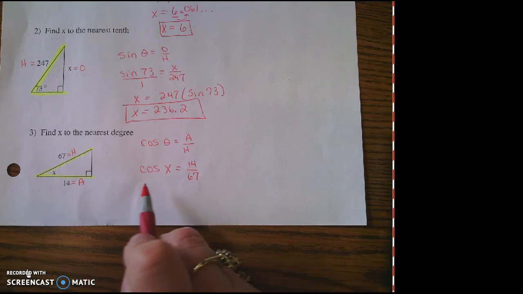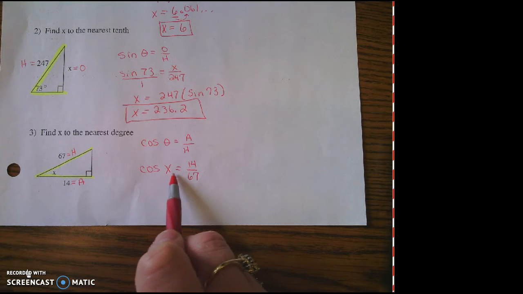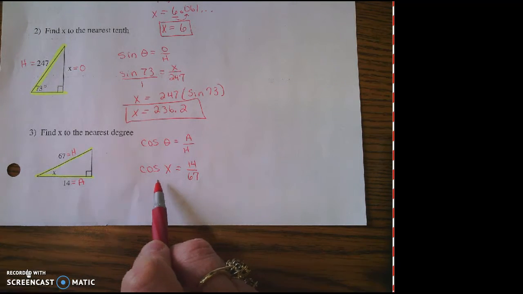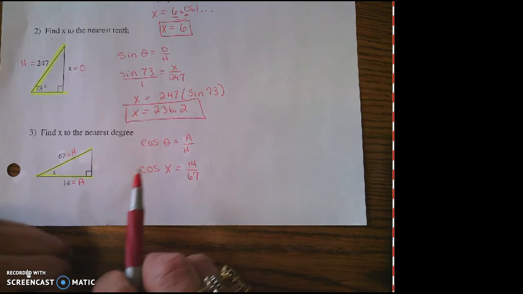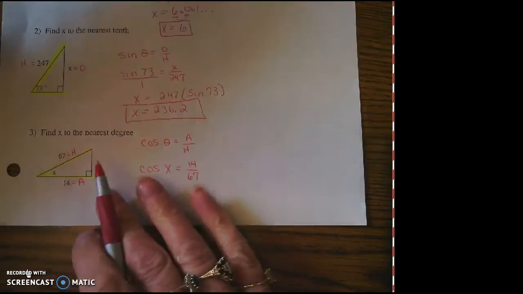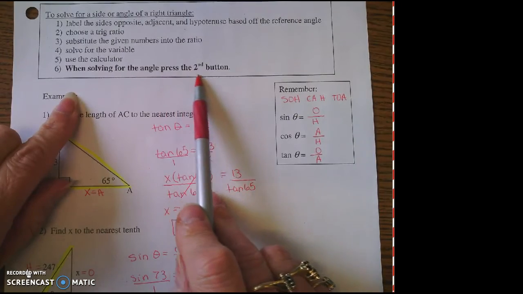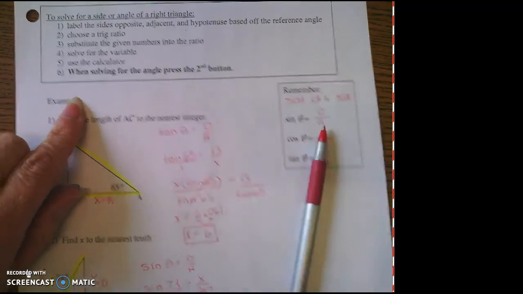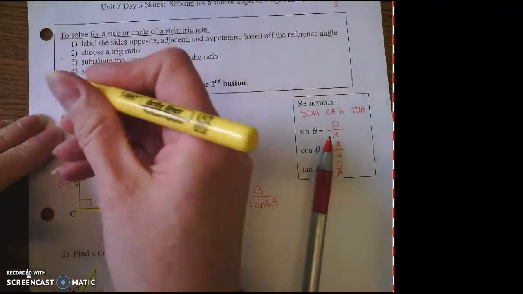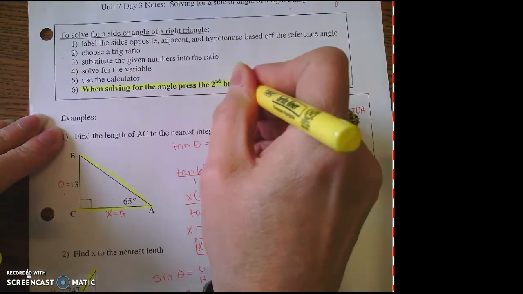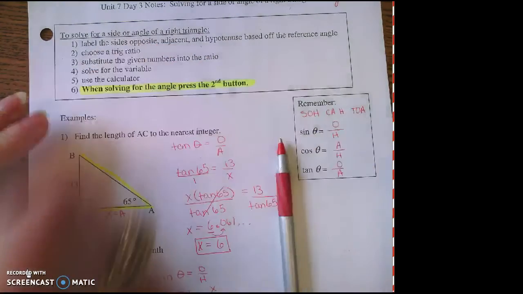All right, this is different. This is the first time where we're solving for the angle measure. And there is a different step you press on the calculator when you're solving for the angle. So if you look back up here, it says when solving for the angle, press the second button. This is something you need to remember to do. So let's highlight this.